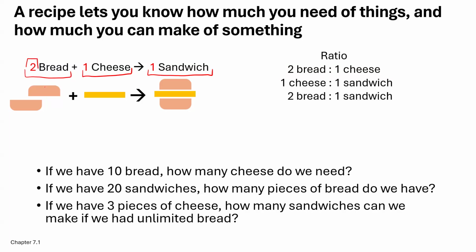So we have 2 bread to 1 cheese. We also know there is 1 cheese for every 1 sandwich. We also know there is 2 bread for every 1 sandwich, right? These are the ratios of ingredients to other ingredients, of ingredients to products, and of other ingredients to products.